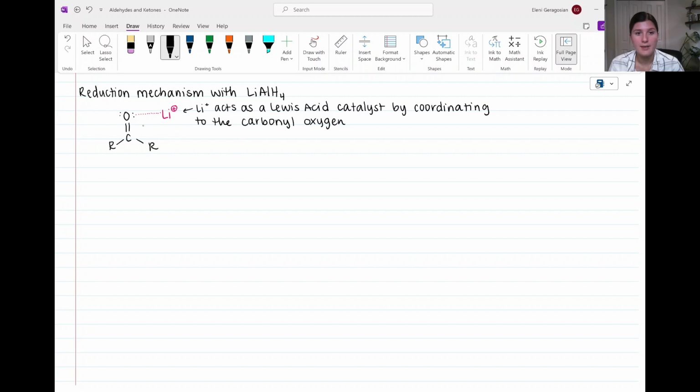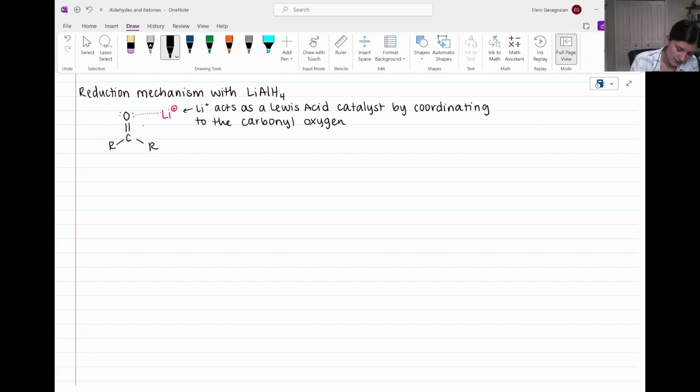So coordinating the carbonyl oxygen and the lithium cation, this indicates that there are some electrons being shared, coordinated between the oxygen and the lithium. That is then reducing electron density around oxygen, which further reduces electron density around the carbonyl carbon, making that carbonyl carbon more electrophilic.